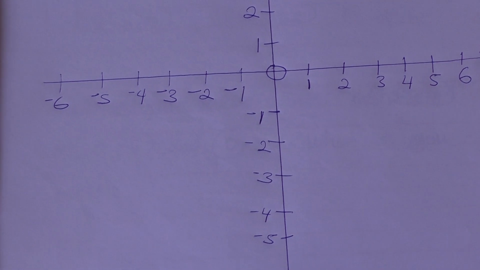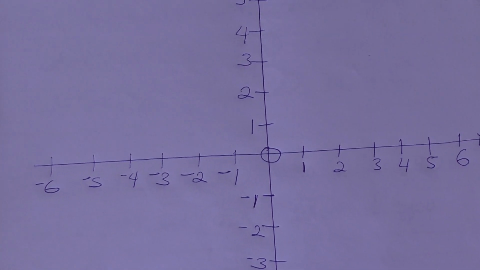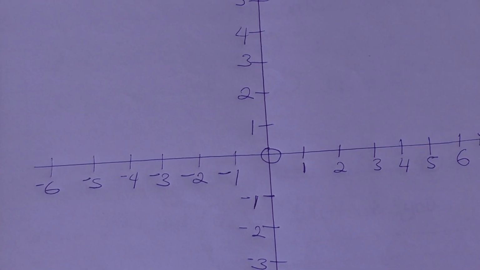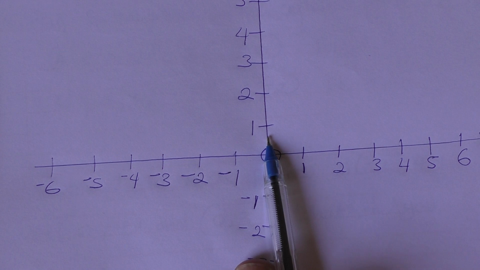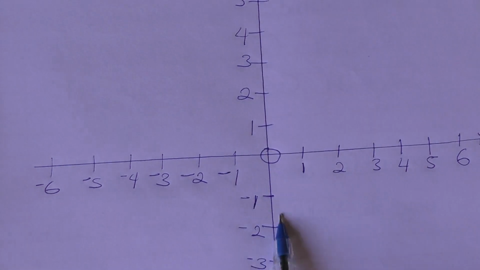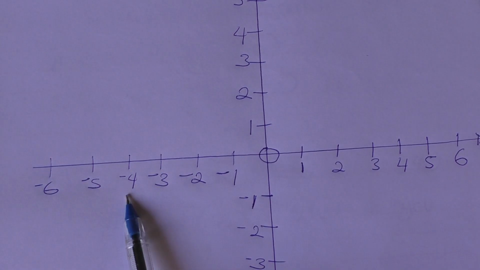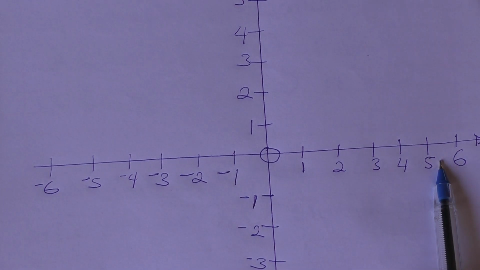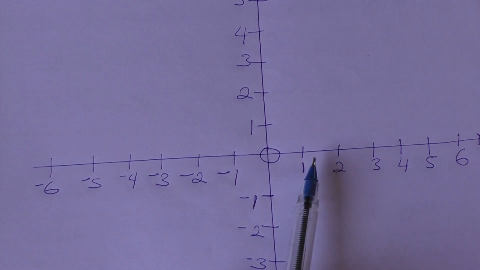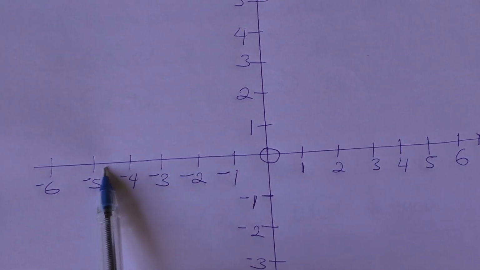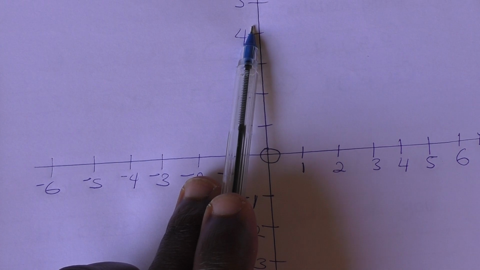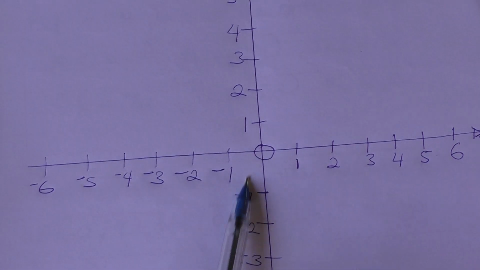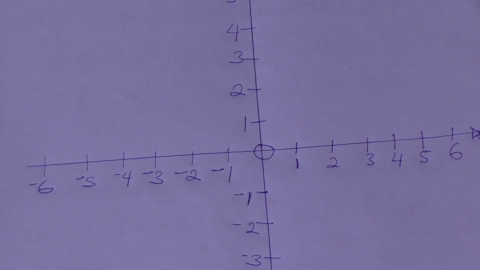So when drawing these axes, the easiest way to understand this is that on the left of the y-axis the x coordinates are negative, and on the right they are positive. Then above the x-axis, the y values are positive, and below the y values are negative.